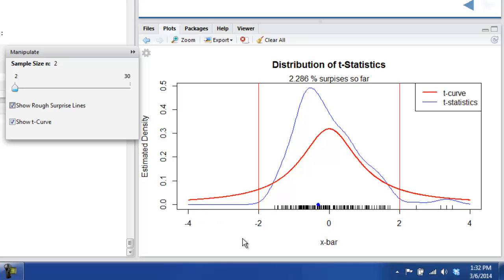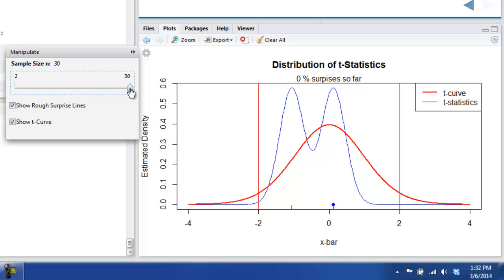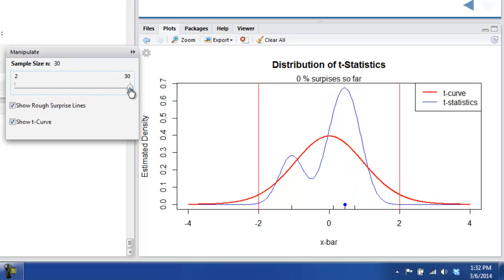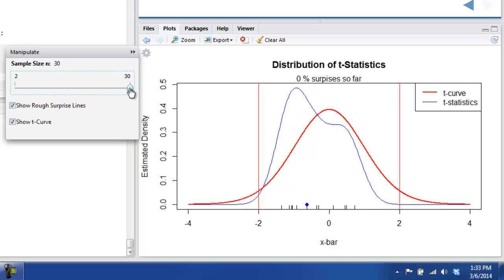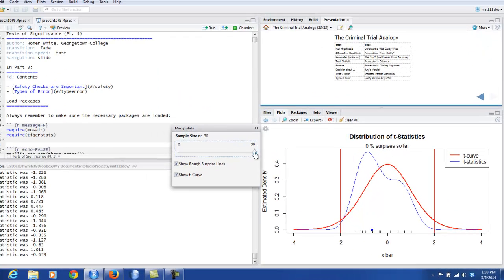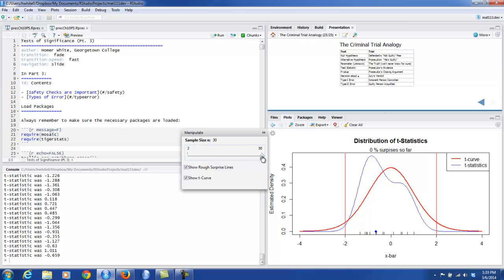Now, what might happen if we tried a larger sample size? Let's try sample size 30. And again, let's take a break while I take a few more samples of size 30.